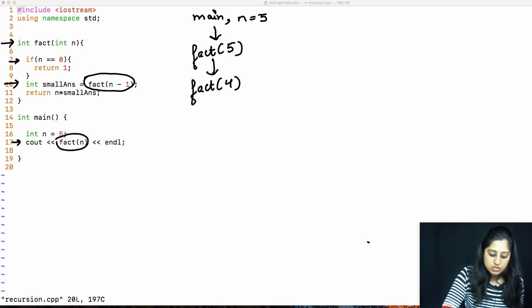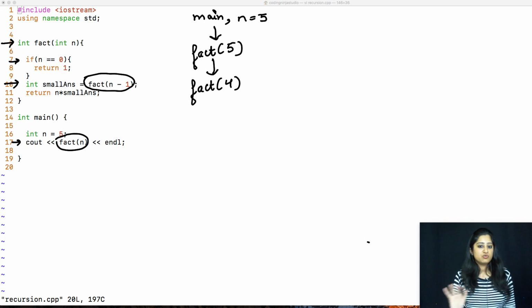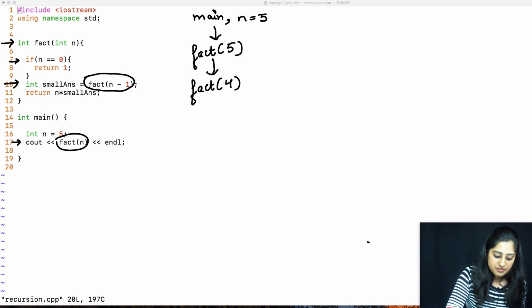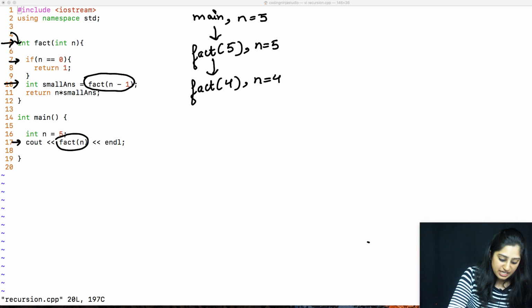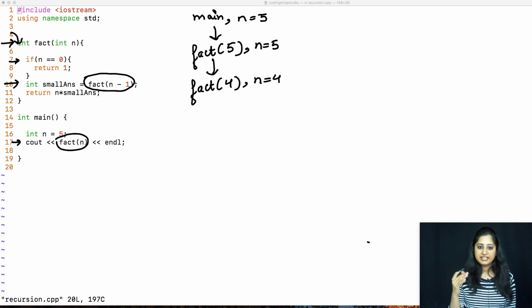Okay. So for factorial 4, now we will start with the same process. Factorial 4 is a completely new function in itself. The value of n here was 5; the value of n for factorial 4 will be 4. We will again dive into the function, start with line number 5. Now n is 4 this time.